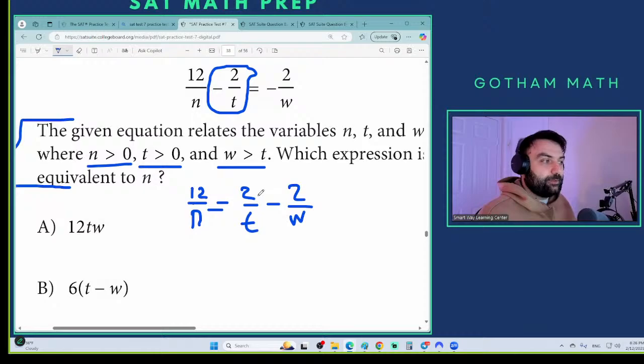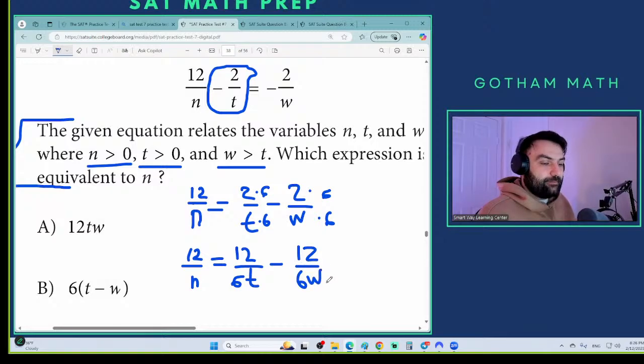Let's see if we can do that now. It's going to be this fraction times 6 over 6 and this fraction times 6 over 6. So it's going to be 12 over n equals 12 over 6t minus 12 over 6w.